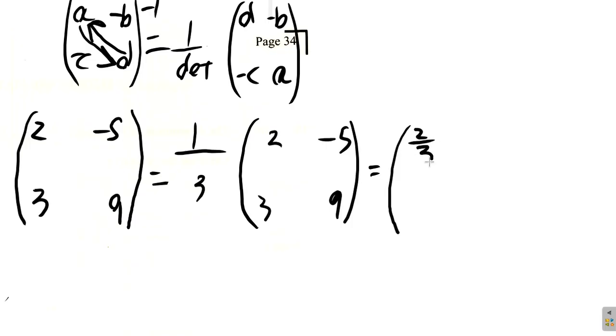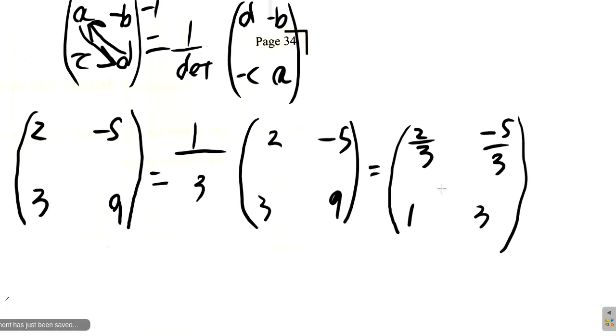It is 2 over 3, negative 5 over 3. It is 3 over 3, which would be 1. That's 1. And then 1/3 by 9, which would be 9 over 3. 9 over 3 is the same as 3. Alright? So that is what we have as the inverse.